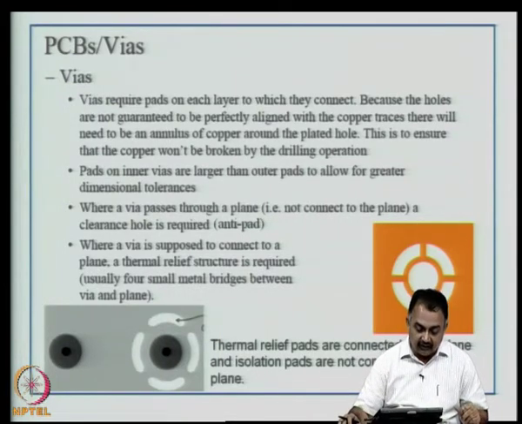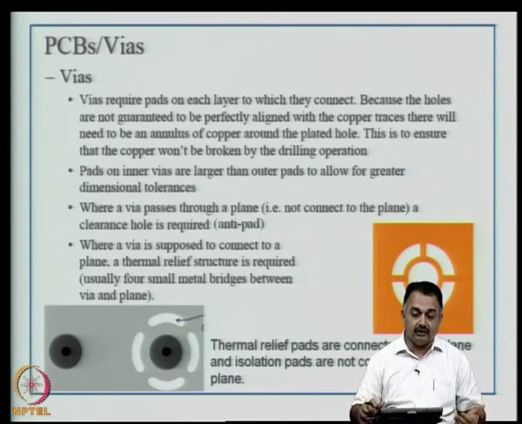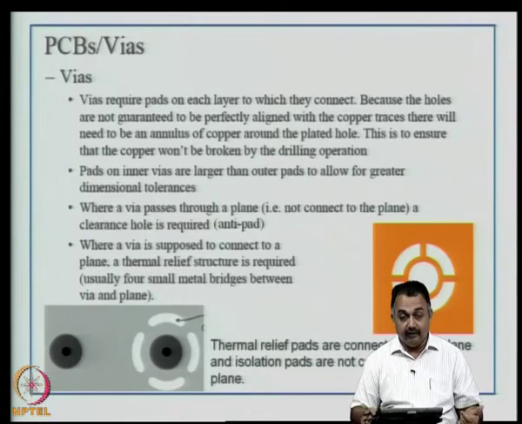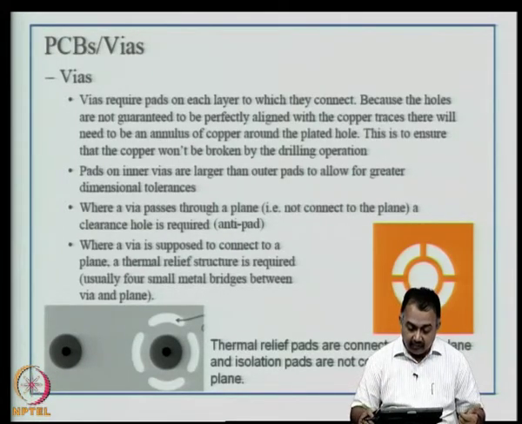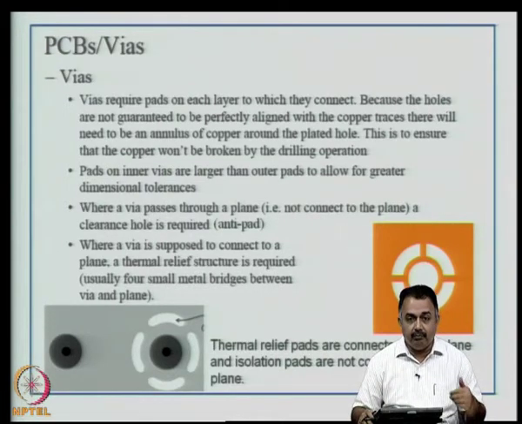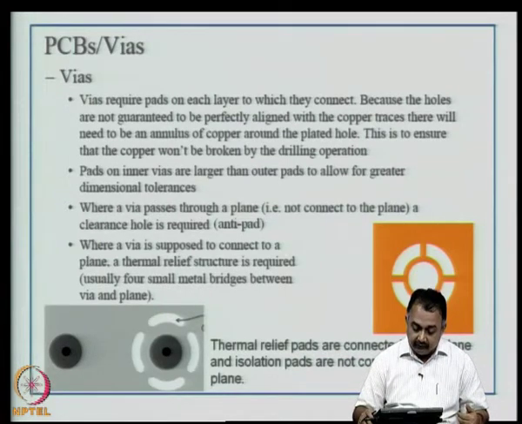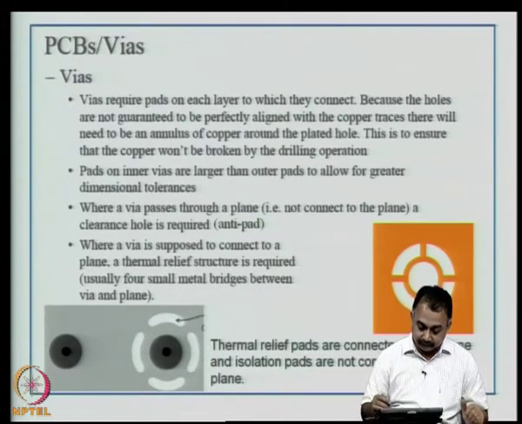Pads on the inner vias layers are larger than the outer pads, because the dimensional tolerance will be greater for aligning inner layers of a multi-layer board. When a via passes through a plane of copper, a clearance hole is required if you do not want to connect to the plane.